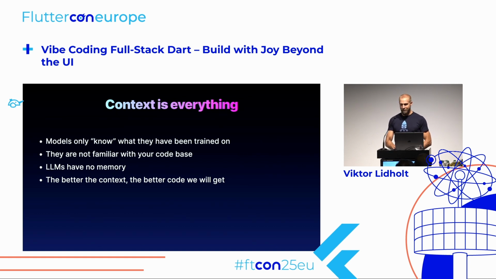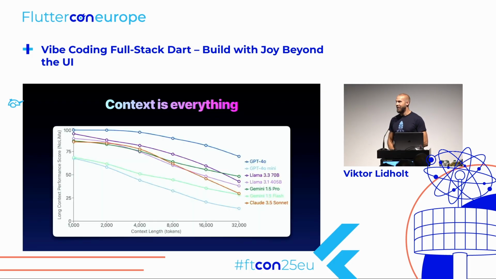But there's a problem with putting everything you have in your context, because the bigger the context you provide to an LLM, the worse it will perform. And this is true for, it seems, all the models today. This is like half a year old, and the models have improved a little bit since then. But even at 32,000 tokens, the performance of the model has already significantly declined, right?